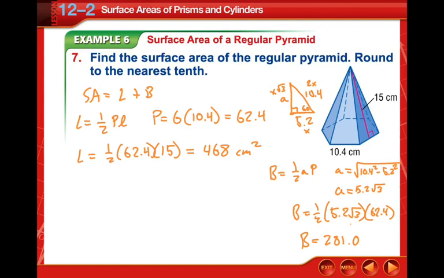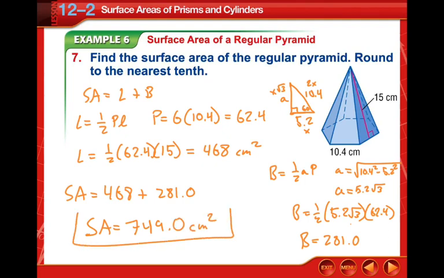So now we go ahead and add everything up. The lateral area that we got of 468 plus 281.0. So our surface area comes out to be 749.0, and our unit is centimeters squared.